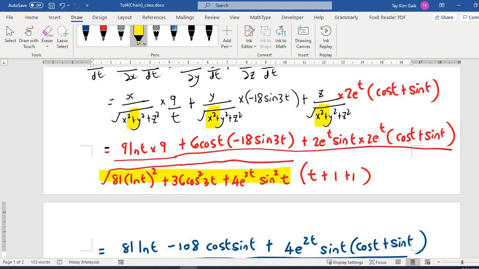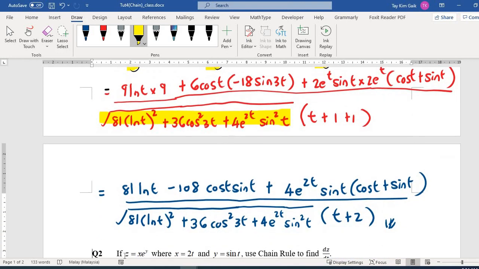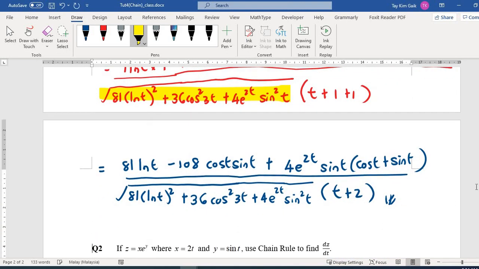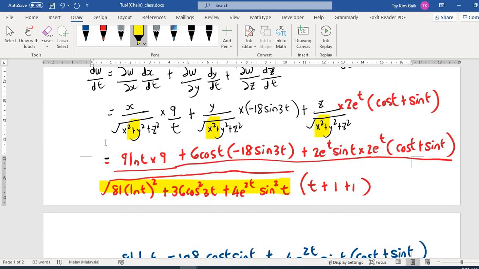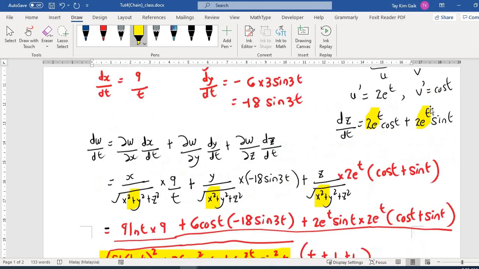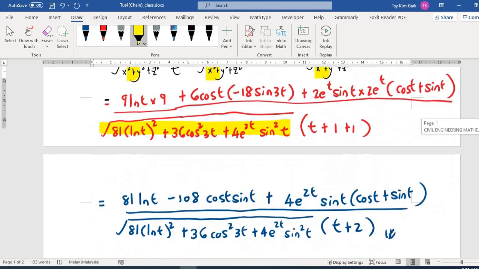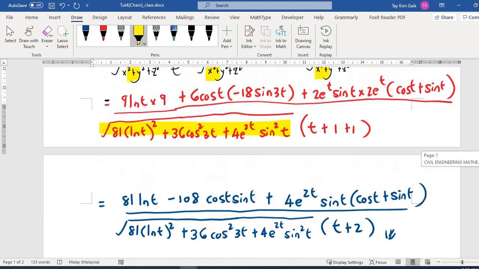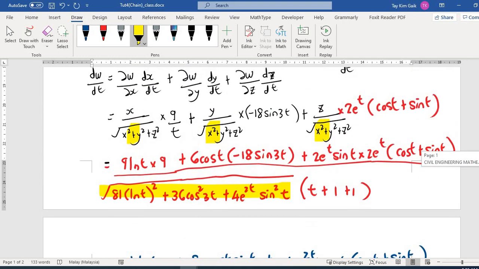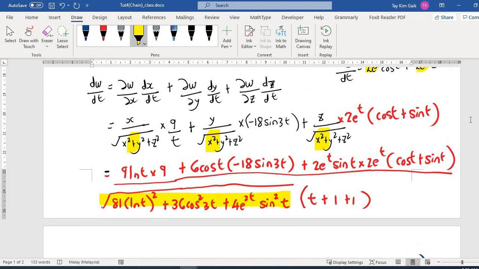So just now to ask the question, what is the problem? In this case, this one is perfect to answer everything in terms of t, but sometimes if the question didn't say you want the answer in terms of t, you may leave it here. Sometimes you may leave the answer at this step also.